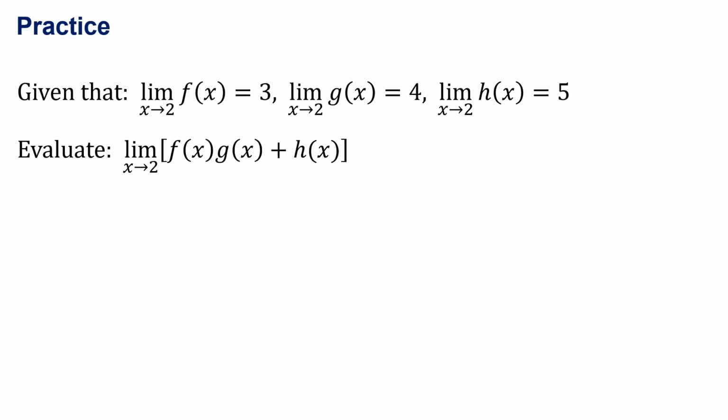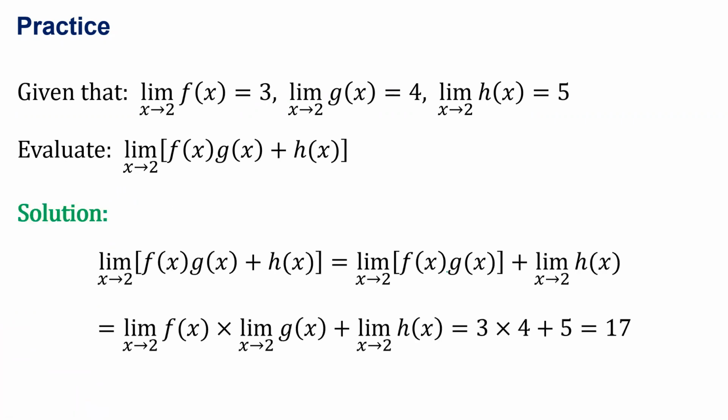Okay, have you finished? Okay, let's have a look at the solution together. According to the properties of limits, we have the following solution here. First, the limit of a sum of two functions equals the sum of the limits of the functions, right? Therefore, the original expression equals the limit of the product of f(x) times g(x) as x approaches 2 plus the limit of h(x) as x approaches 2.